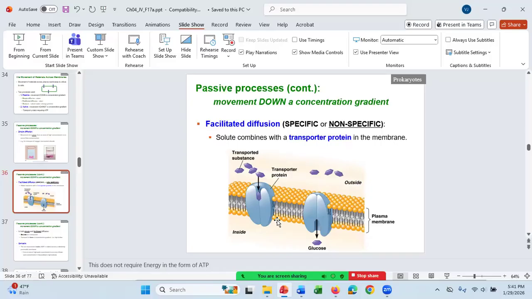But once the glucose is equal outside the cell and inside the cell, this protein will change its shape and activity and become an active transport protein. Any question about any of that? All right. That's why glucose is not a good example to show facilitated diffusion.